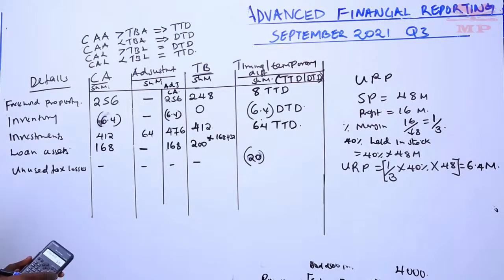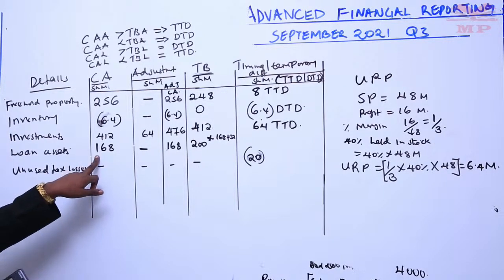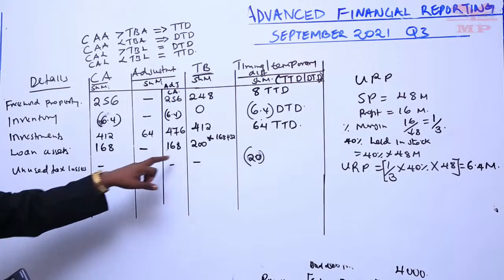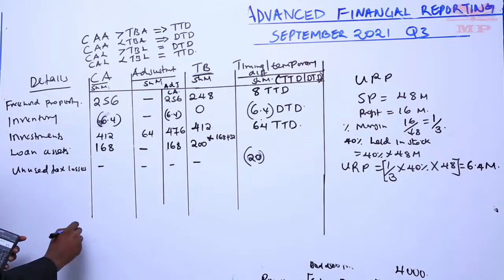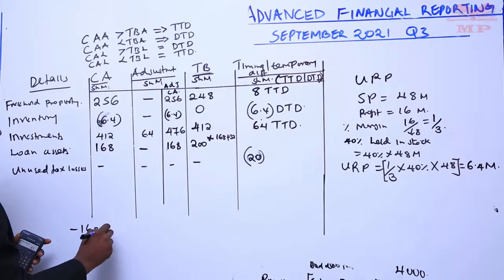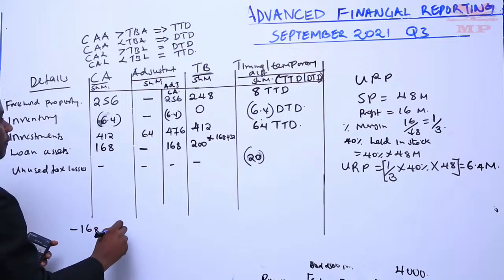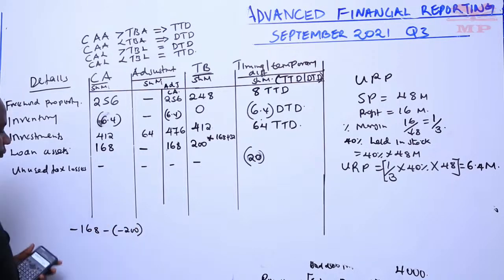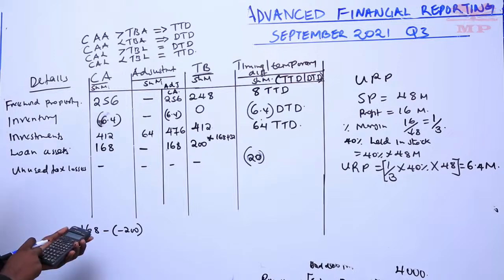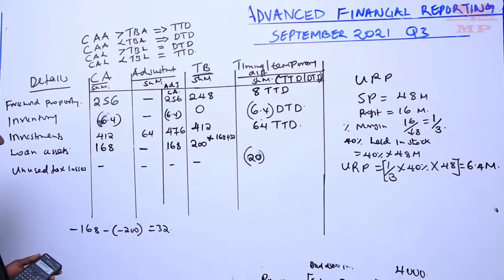Then we have here 168, this is a liability. So negative 168, it is a liability, minus negative 200, that is negative 168 plus 200, you get 32, which is taxable.